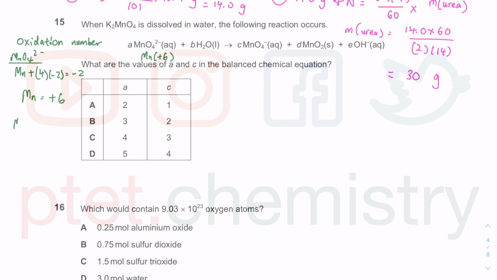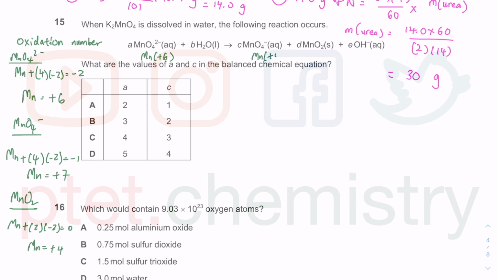So when you have MnO4 minus, this is manganese plus 4 times minus 2 gives you minus 1. So each manganese is +7. And when you have MnO2, you have no charges. So manganese plus 2 times minus 2 gives you 0. So each manganese is +4 there.